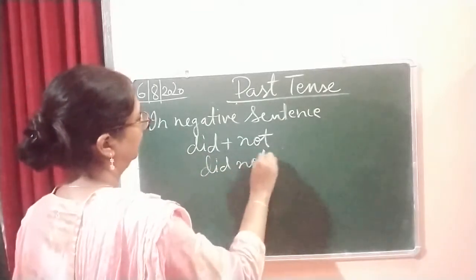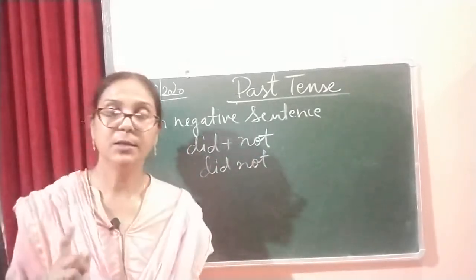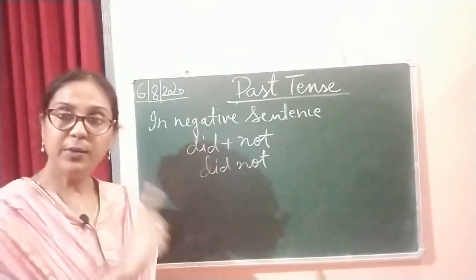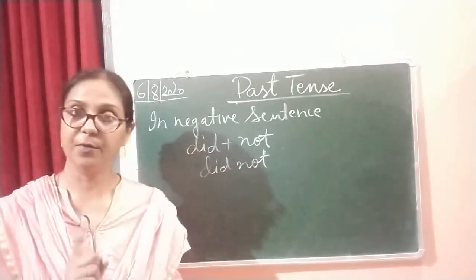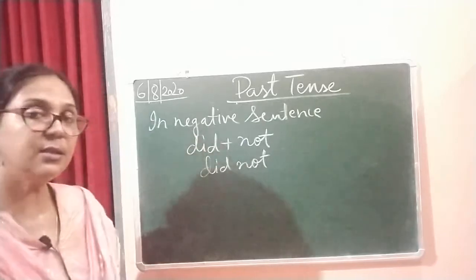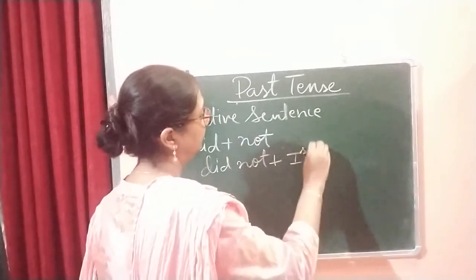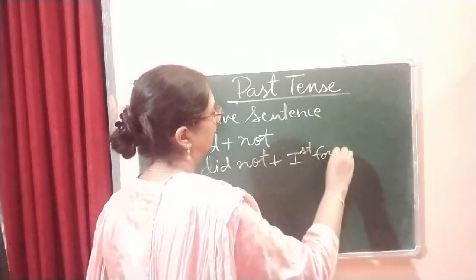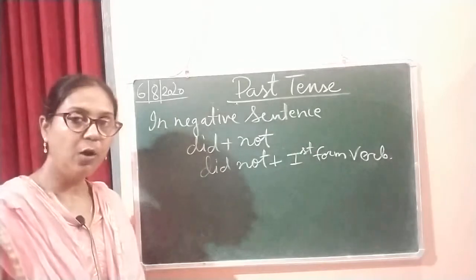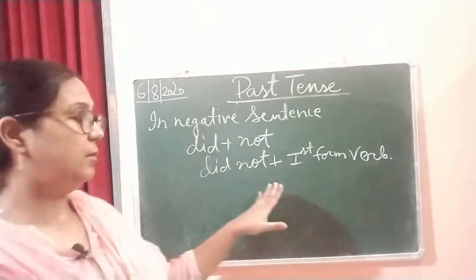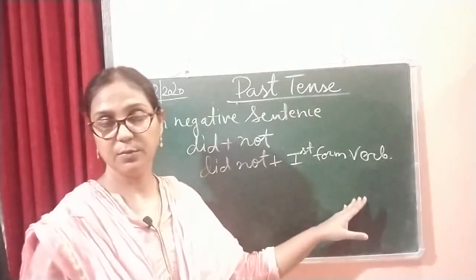And always keep in your mind that with did, we are not supposed to write the second form of the verb. We always write the first form of the verb. So always remember, with did, always the base form of the verb will be used.